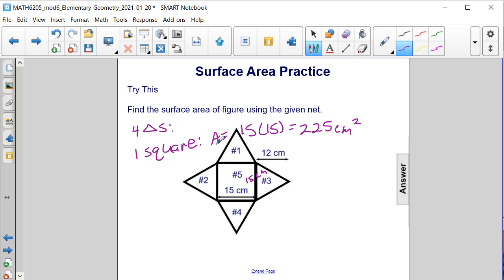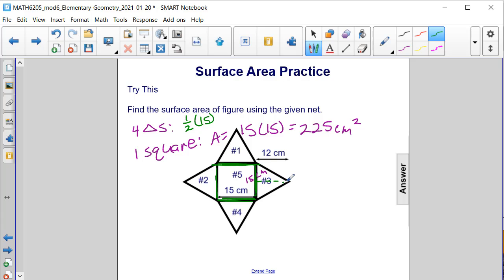All right, so we have 4 triangles. So our 4 triangles all have a base of length 15. So we have 1/2, base is 15, and its height is what's showing here.